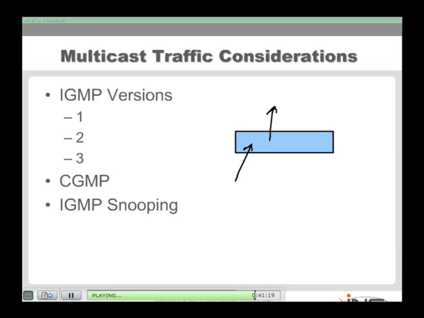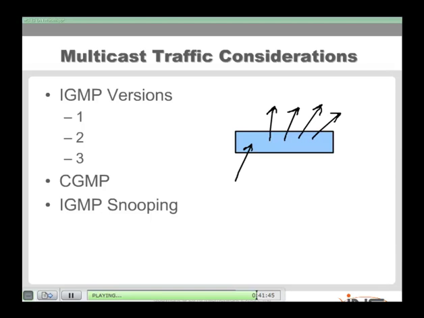It will flood it out every possible port. It floods it out every port that's in that VLAN. So when multicast traffic comes into a switch, by default, it gets flooded out all the ports that are participating in that VLAN on that switch. Yikes.